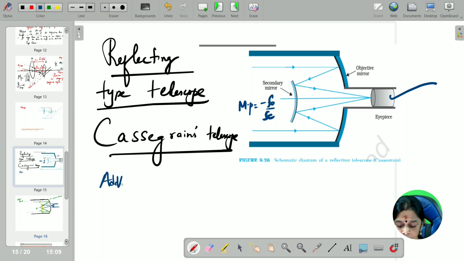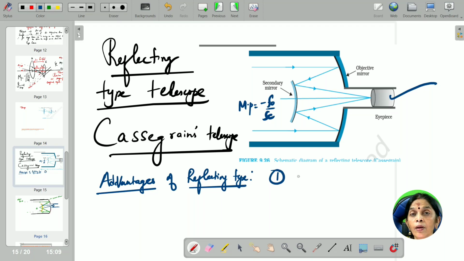These are very, very important advantages of the reflecting type telescope. Number one, no spherical aberration. Number two, no chromatic aberration.